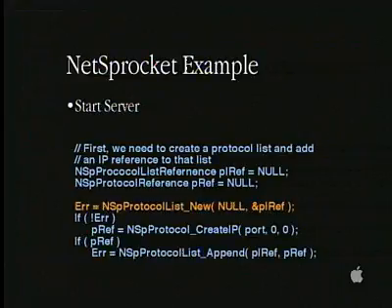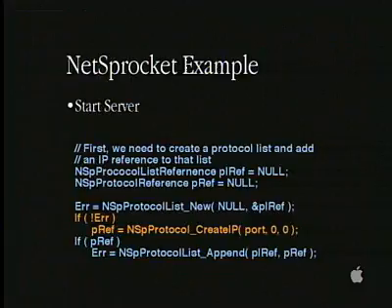We're going to start by creating a server connection and listening on a port for clients. So you're going to have to build a protocol reference list to be used. So first of all, you're going to create the new list. Then you're going to create a protocol. In the example programs, we only use the IP protocol since it's the only one available across all the platforms.